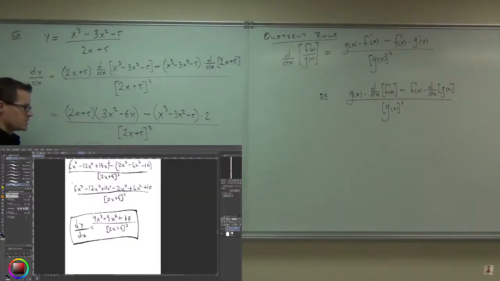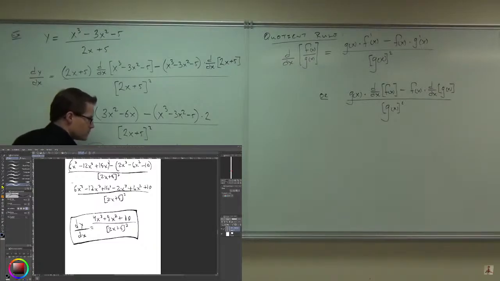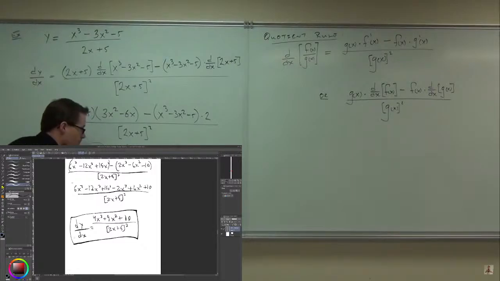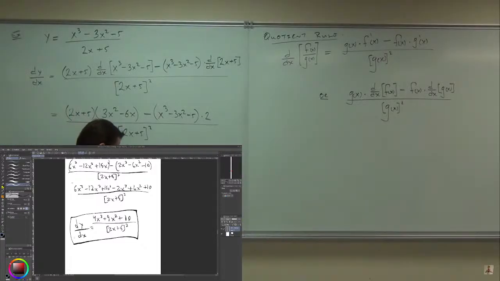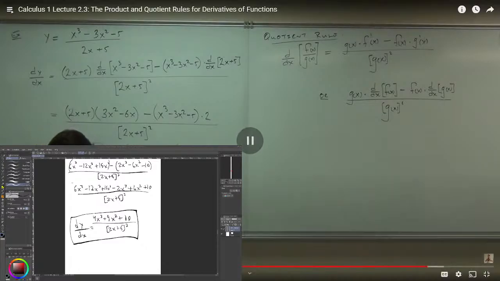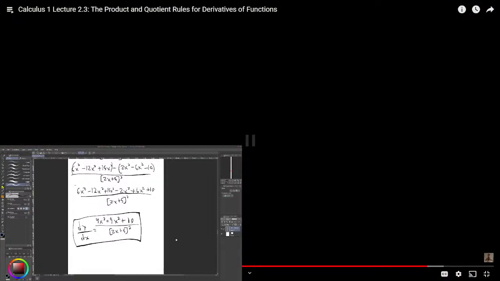That looks like it's going to be 9. Oh, I doubled that one. Minus 30x. Where's the minus 30x coming from?